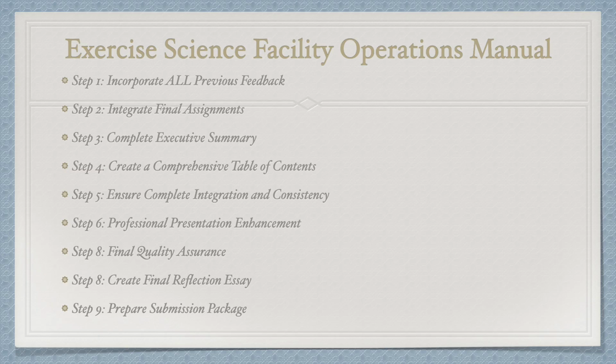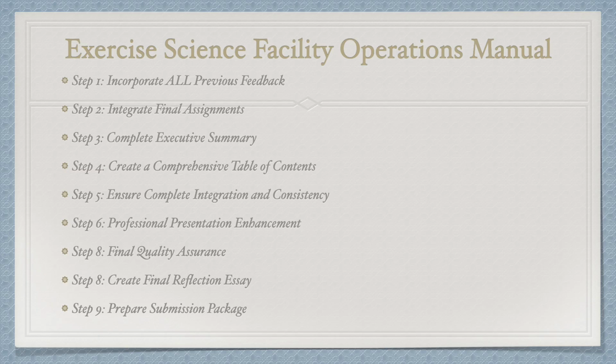So a lot of these things should come out of your papers that you've been writing, so you're just providing a summary of the paper as a whole. This should be compelling, professional, and make the reader want to dive deeper into the manual. Step 3, create a comprehensive table of contents. You want to use an APA formatted table of contents.